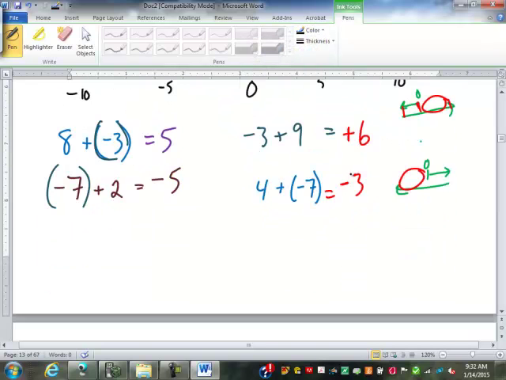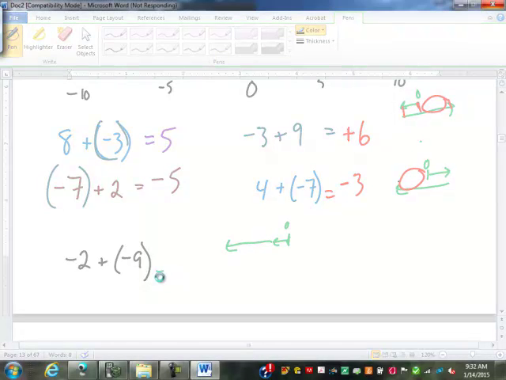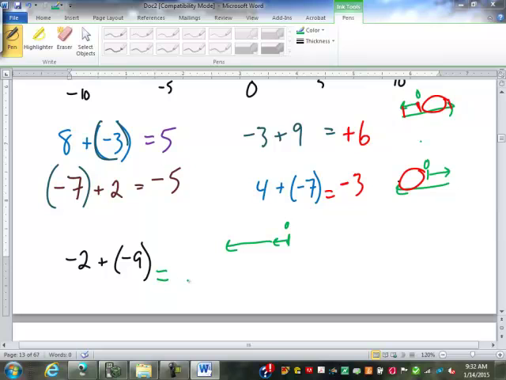Or if I have -2 plus -9. Well, again, here's 0. -2 goes this way. -9 goes the same direction. So that tells me, first of all, again, my answer is negative, and 2 and 9 are building on each other. They're going the same direction, so 2 and 9 make 11.